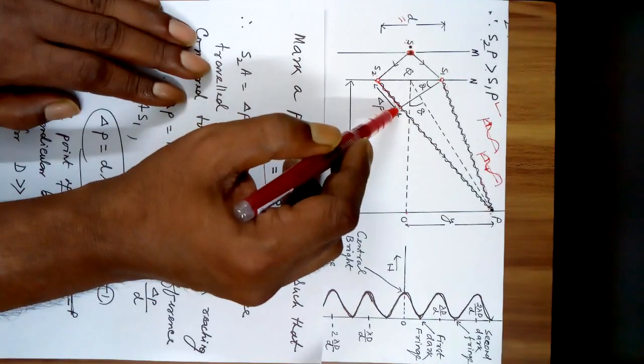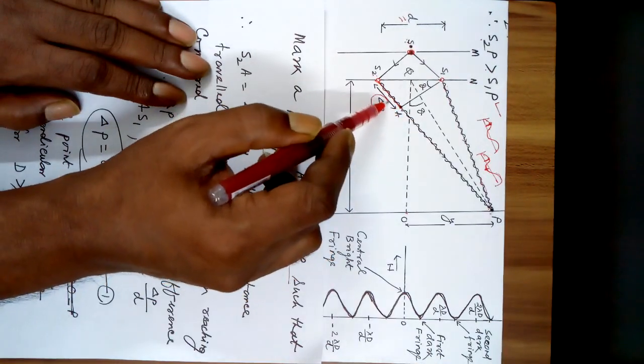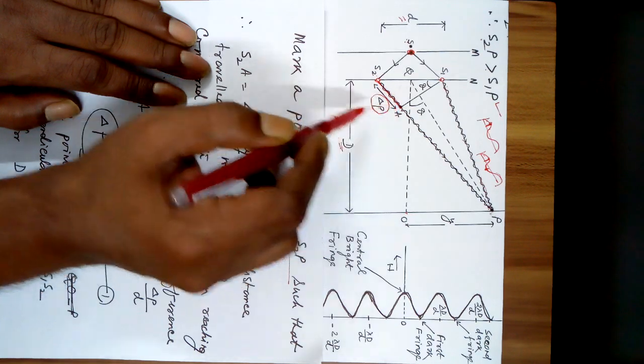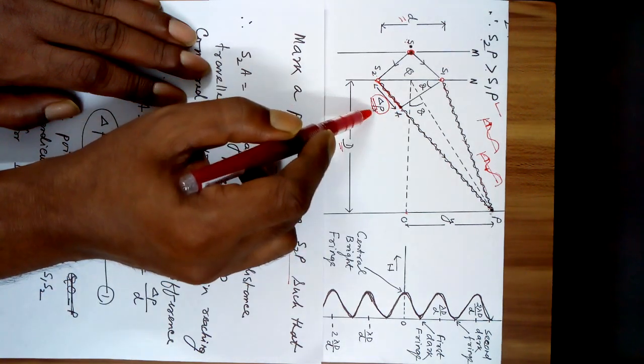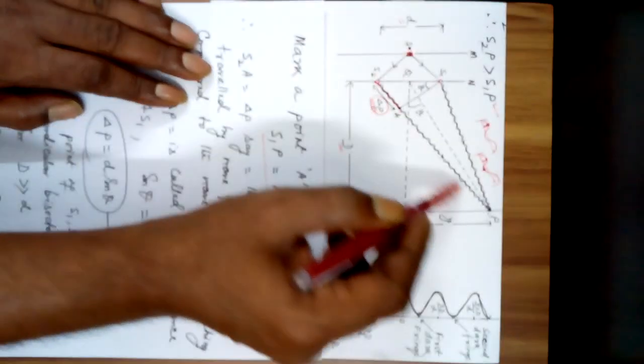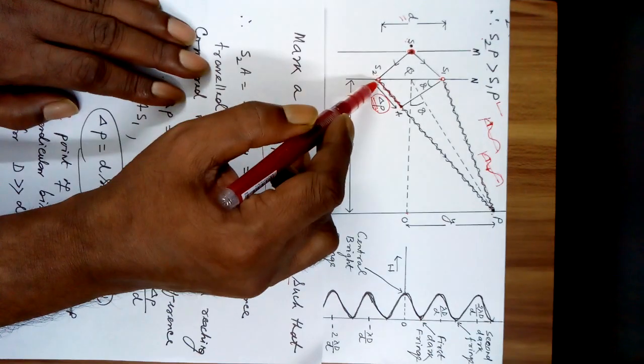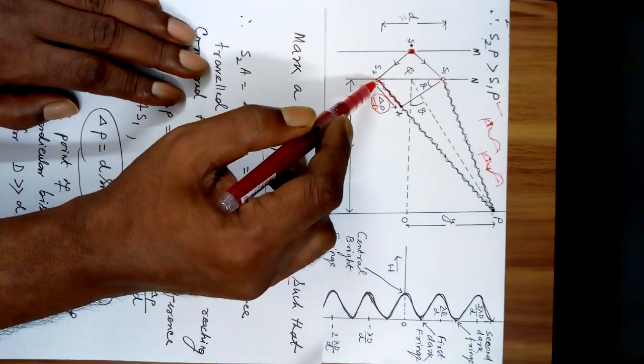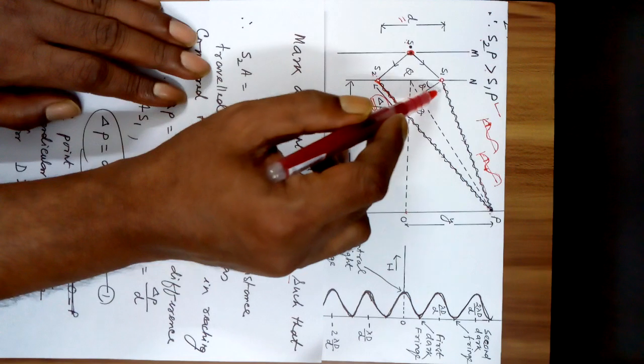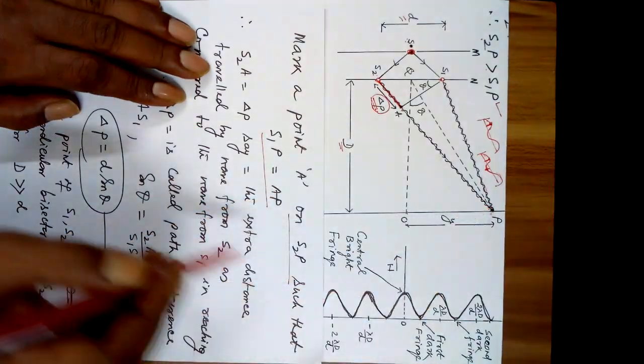This is the extra distance traveled. That distance is nothing but a path. So this I designate as delta P, the path difference between this wave and this wave. This is the extra path traveled by this wave as compared to this wave while arriving at P.